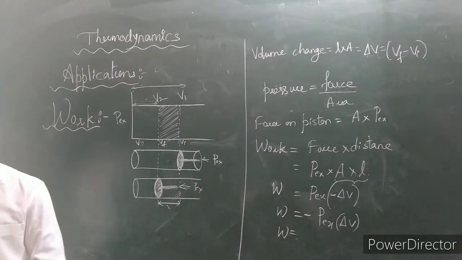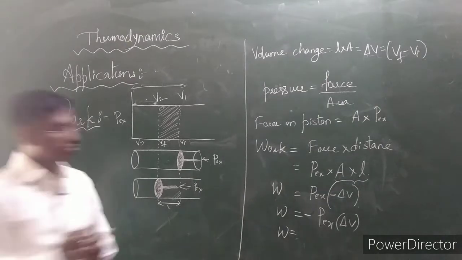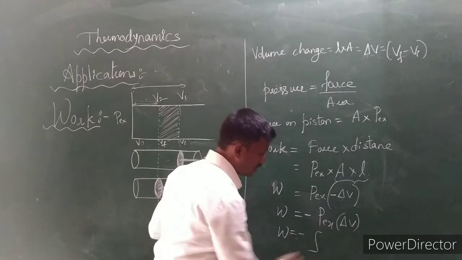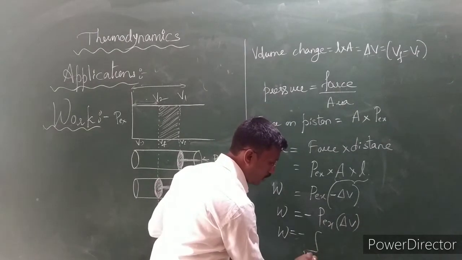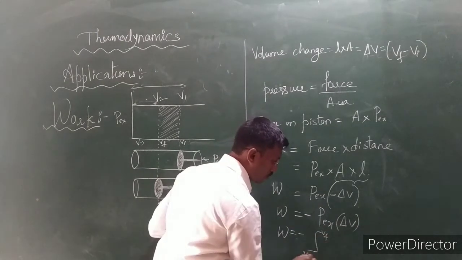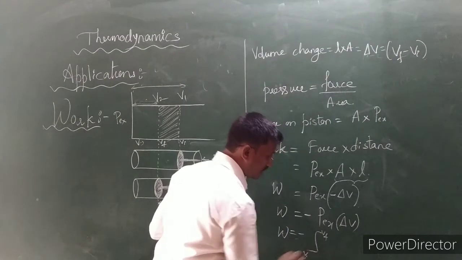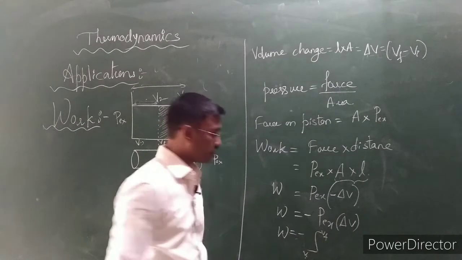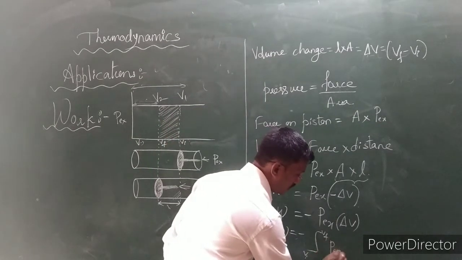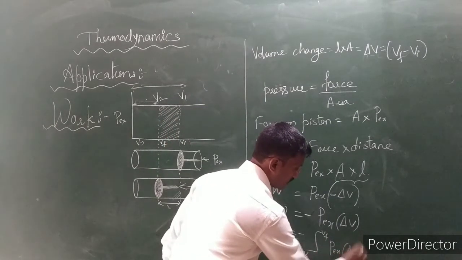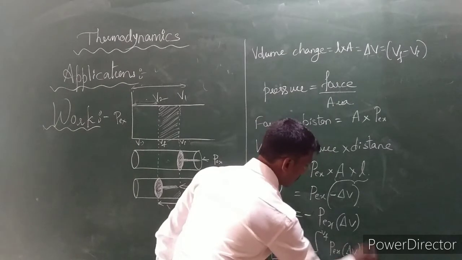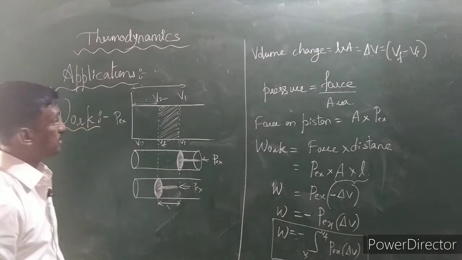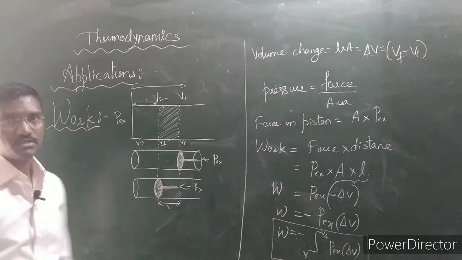After applying the integration, this formula becomes minus, we have taken a negative constant, integration of initial volume to final volume, from Vi to Vf, or from V1 to V2, of external pressure into delta V. So this is called the work done on the system here.